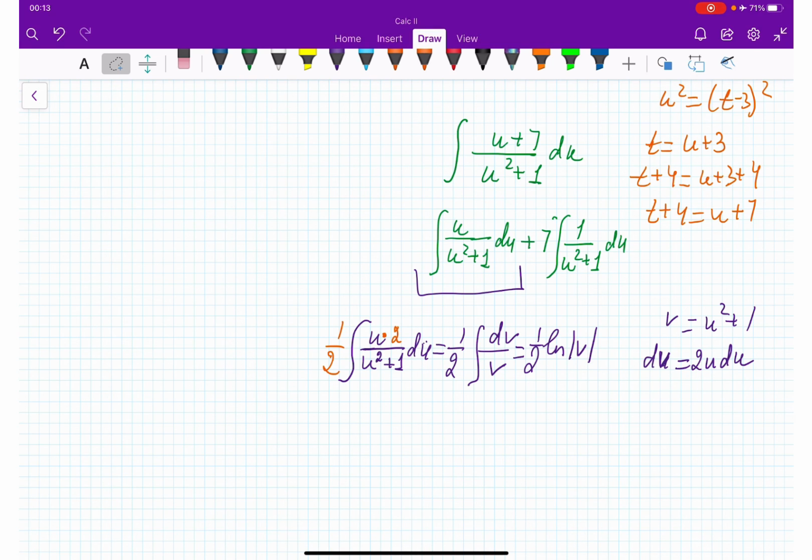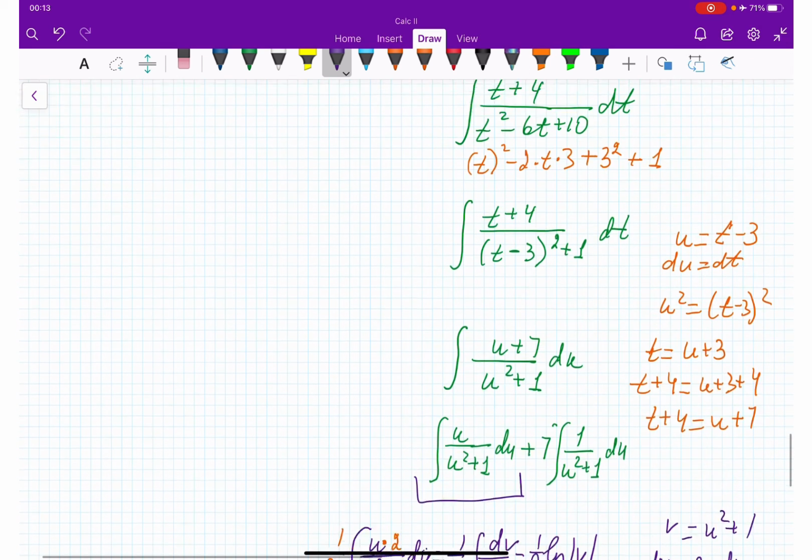So this is going to be equal to 1/2 natural log u squared plus 1, okay? And that's that piece.